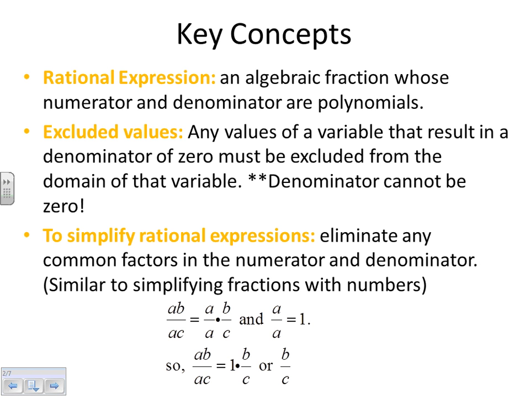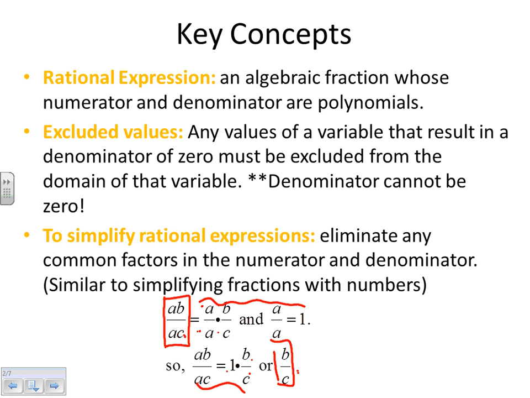And then finally, to simplify a rational expression, we need to eliminate any common factors in the numerator and the denominator. This is very similar to simplifying fractions with numbers. For example, if I had AB over AC, this simplifies into A over A times B over C. Because A over A equals 1, I can rewrite this as 1 times B over C, or just simply B over C. I know you guys know we can probably skip all these steps and go straight from here to here.